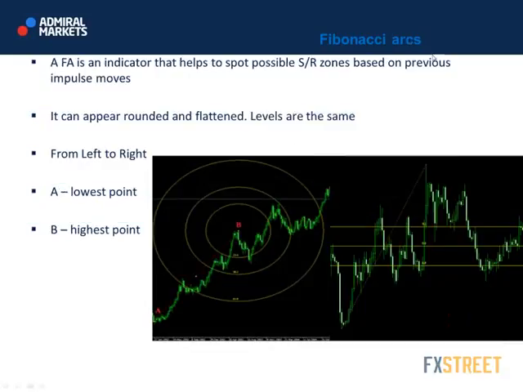Now Fibonacci arcs. Let's move to Fibonacci arcs. A Fibonacci arc is an indicator that helps you spot possible support and resistance zones based on previous impulse moves. Just don't be upset if your chart is showing you these flat lines instead of circles.